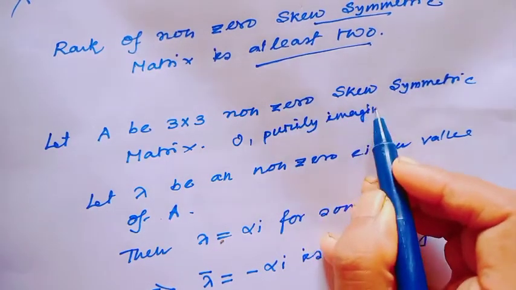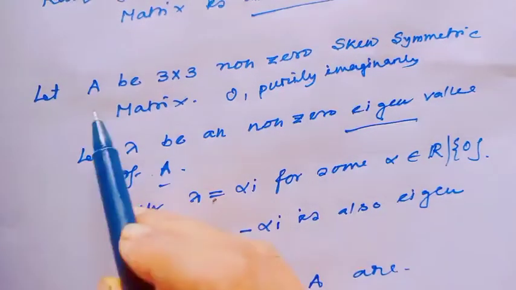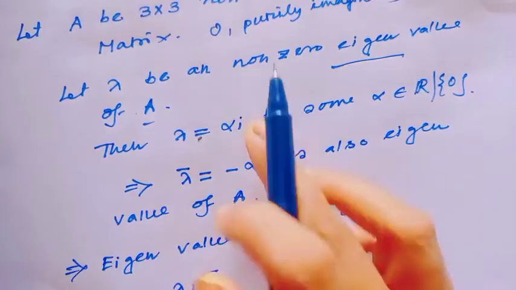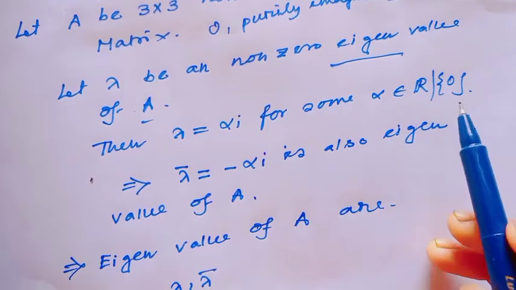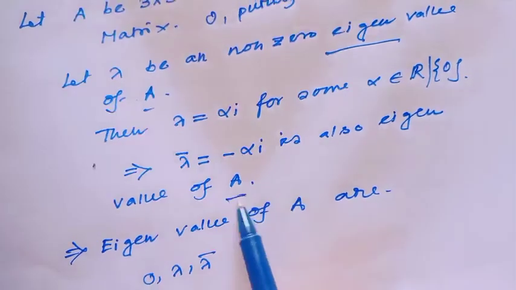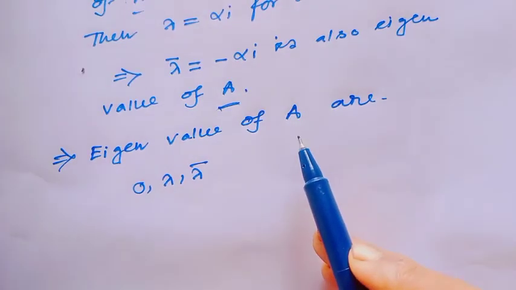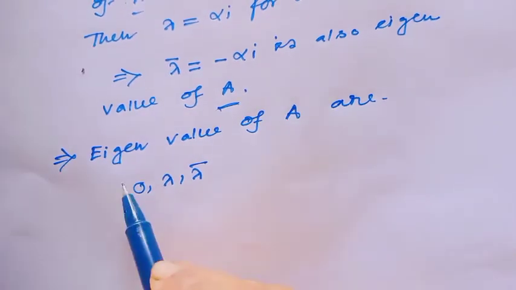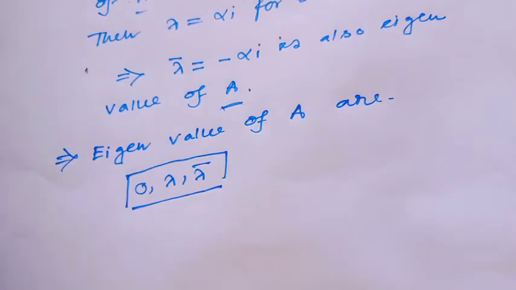So, if lambda be a non-zero eigenvalue of the matrix A, consider lambda equal to alpha i, where alpha belongs to R minus the singleton set 0, then its conjugate is also an eigenvalue of the matrix A. Therefore, the eigenvalues of the matrix A are 0, lambda and lambda bar.